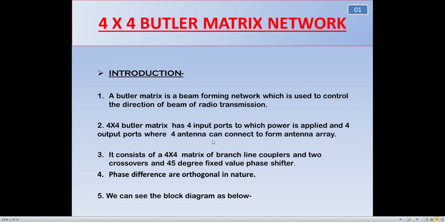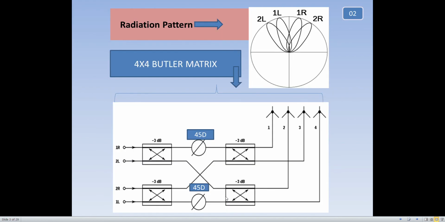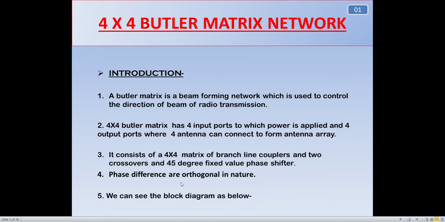The output ports of our Butler matrix network are going to be connected to the input of the antenna array. So the 4x4 Butler matrix has 4 input ports where power is applied and 4 output ports where 4 antennas can connect to form an antenna array.